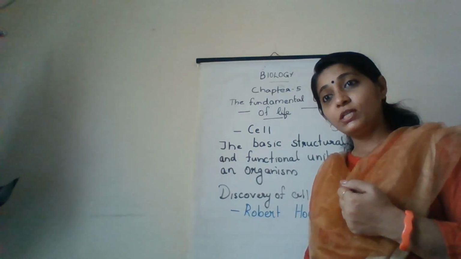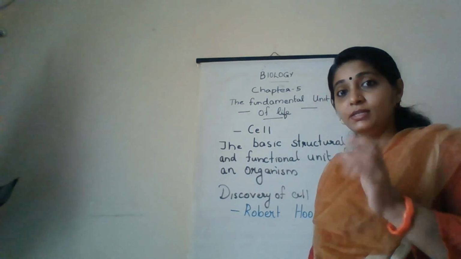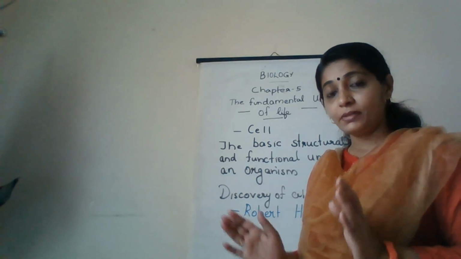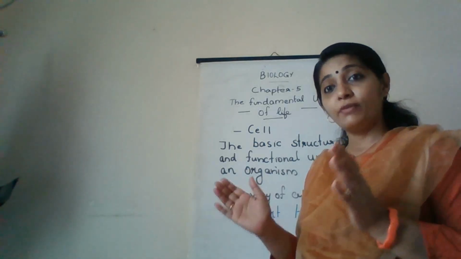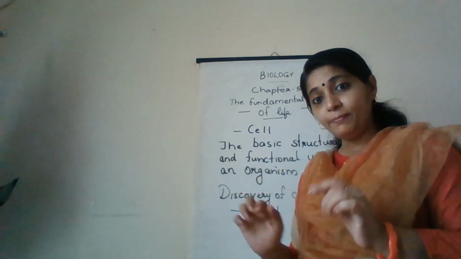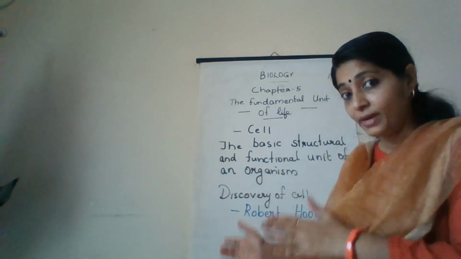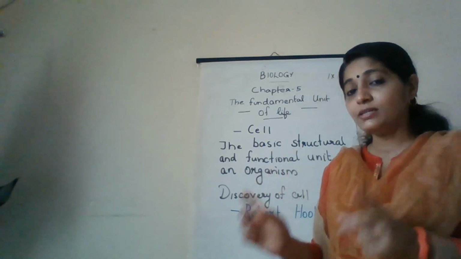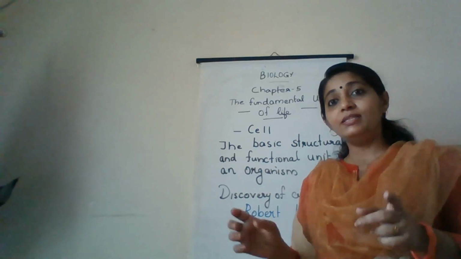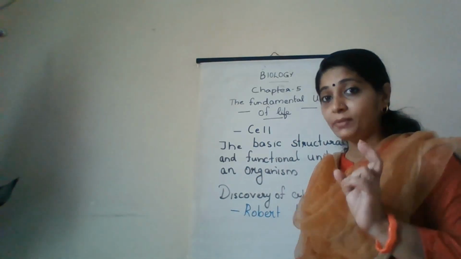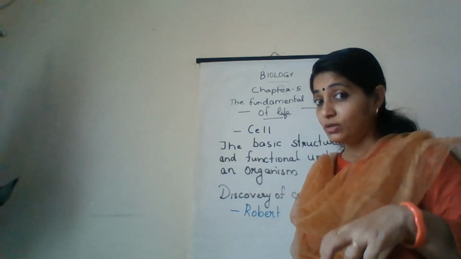And what did he observe? He observed simple honeycomb-like structures. When he observed cork from the tree under his simple microscope, he felt it was like little compartments, and these compartments in Latin are called cellulae.